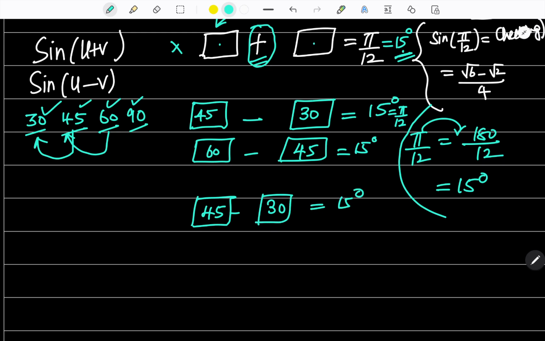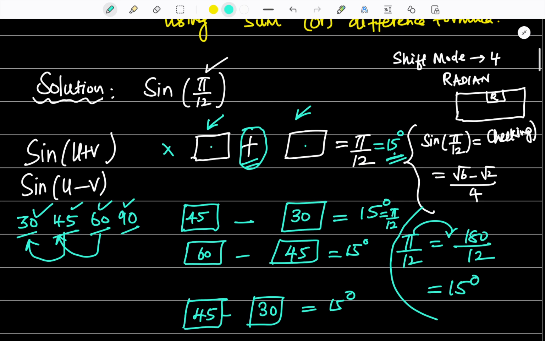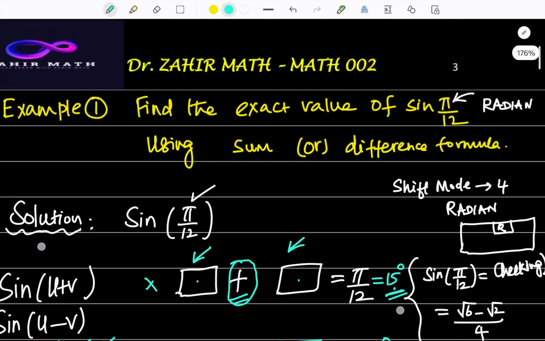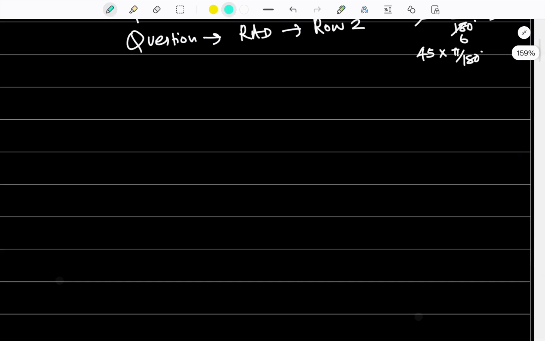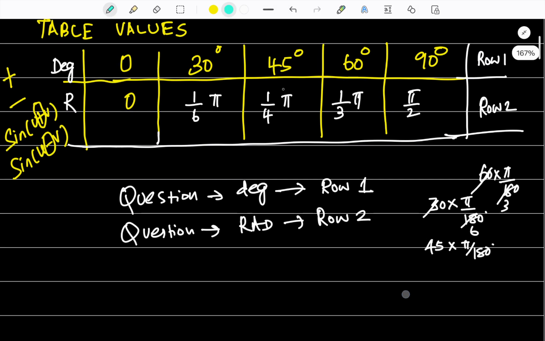15 degree. Why am I doing this question in degree? I am not doing it in degree. Just to find out the values, I am doing in degree. After that, I will convert into radian because the question is in radian. So what is my 45 degree from my table? You can see that the table 45 degrees is pi by 4.